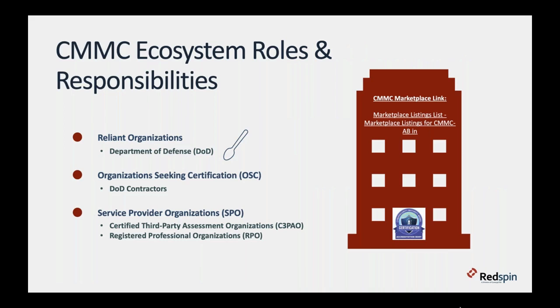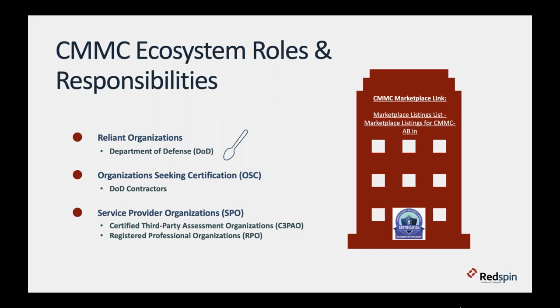So as I just said, there are many moving pieces that must work together to put CMMC into action to be effective for organizations to seek and attain their target level of certification. Some of the major pieces include oversight bodies, trainers, assessors, consultants, contractors, just to name a few.